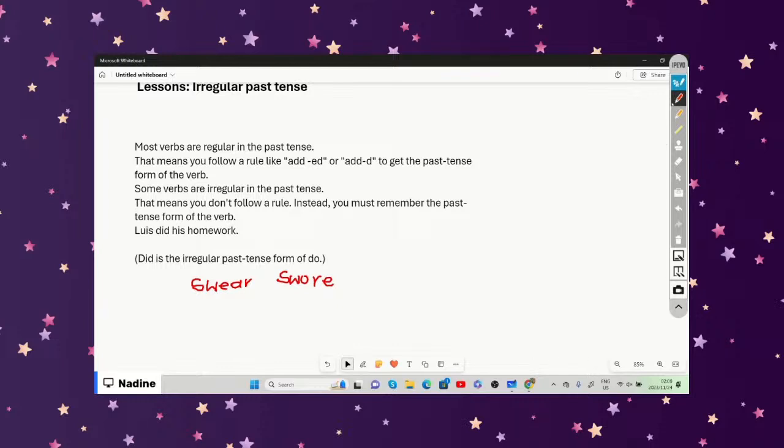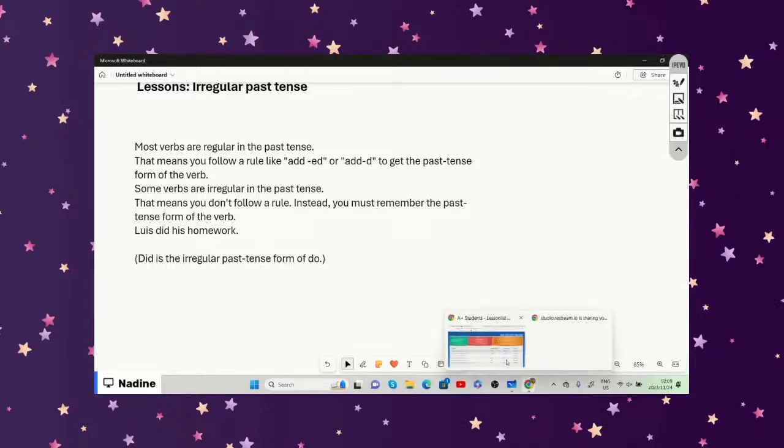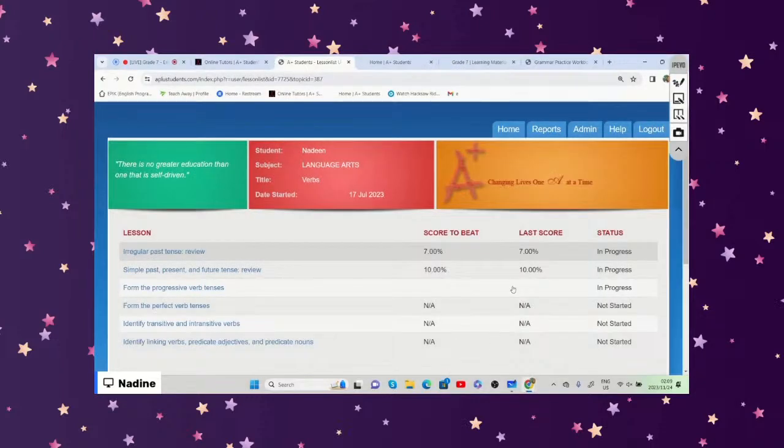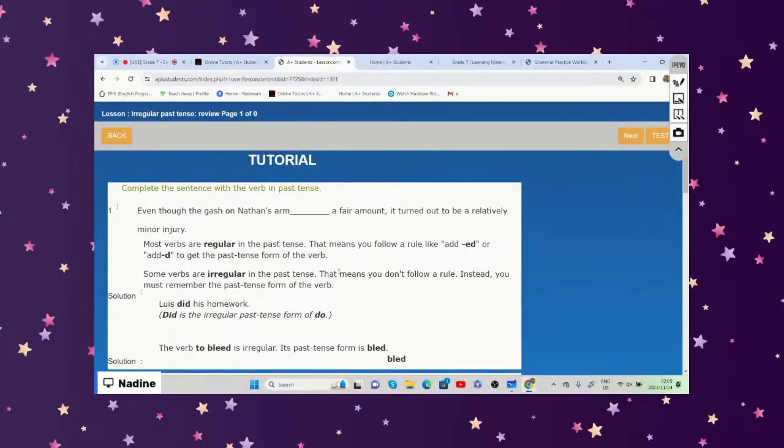All right, so now we're going to go on to aplusstudents.ca and do a tutorial lesson on verbs. The lesson that we're going to be focusing on is irregular past tense. It says complete the sentence with the verb in the past tense.